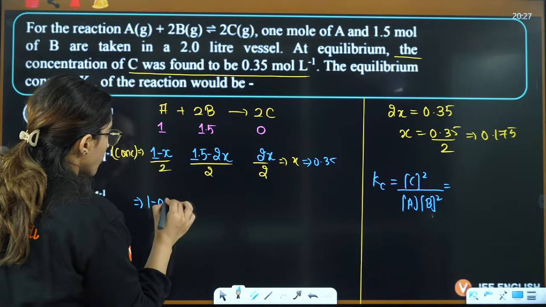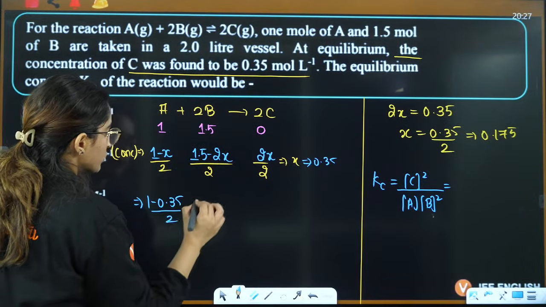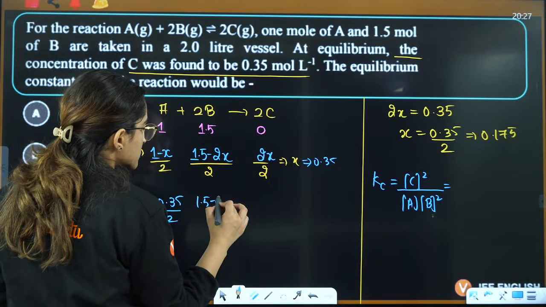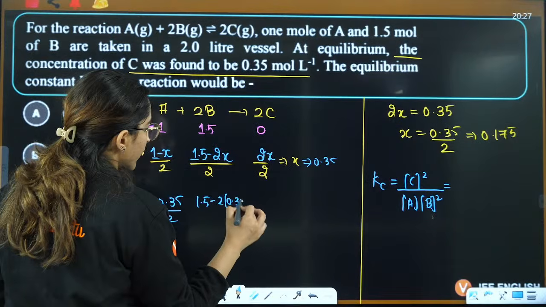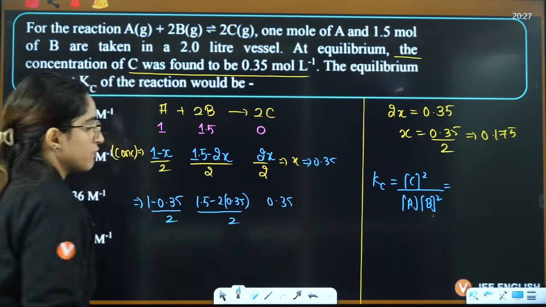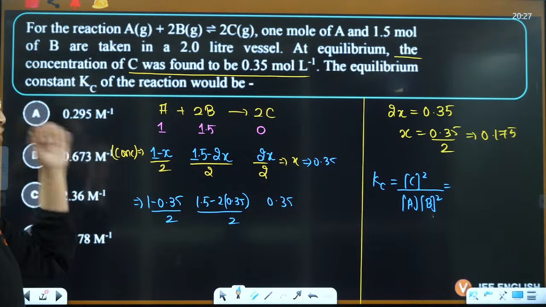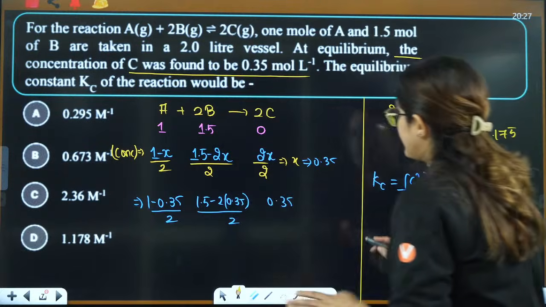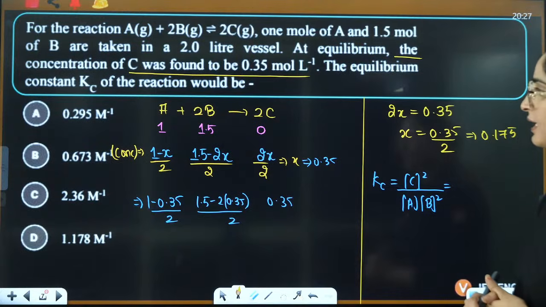Now you can solve this. 1 minus 0.35 divided by 2. 1.5 minus 2x is what? This is 2 into 0.35 divided by 2. This will be 0.35 itself, right? Then you can just solve this value, and you will get your answer here. Right, everybody?